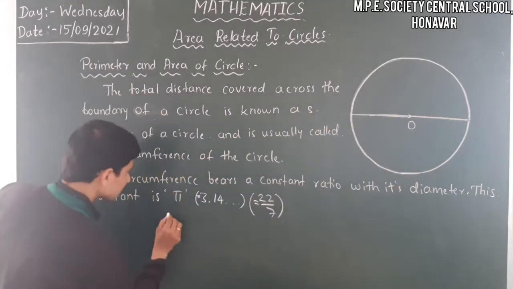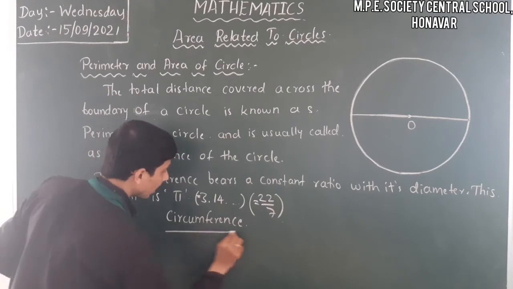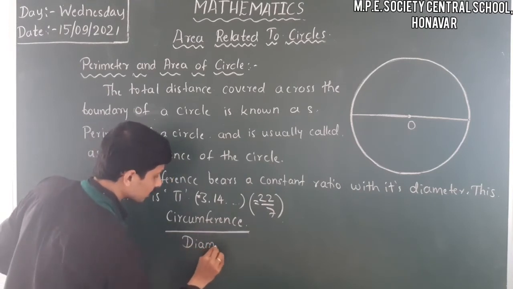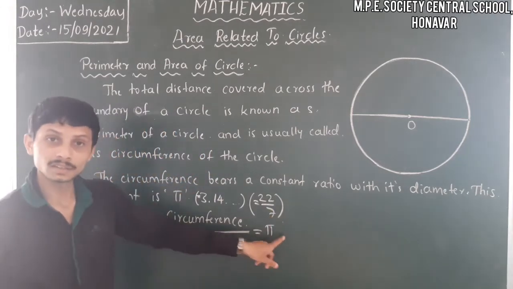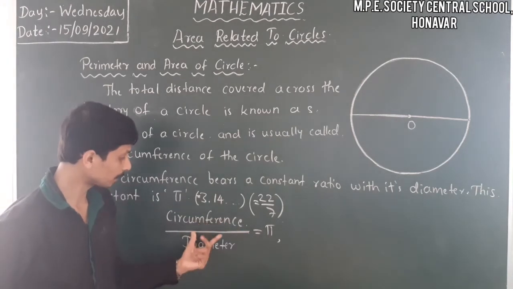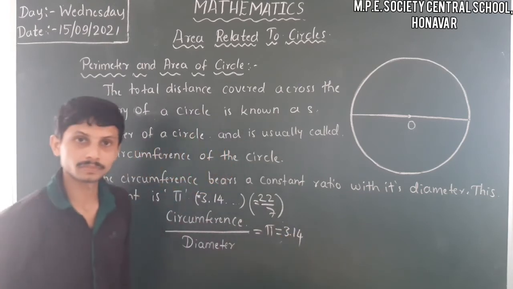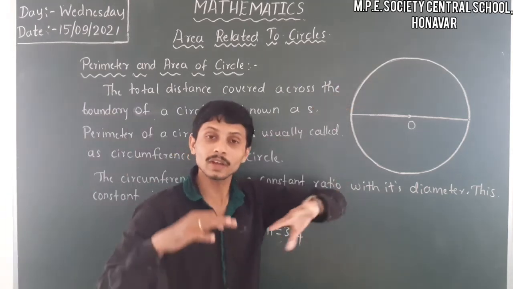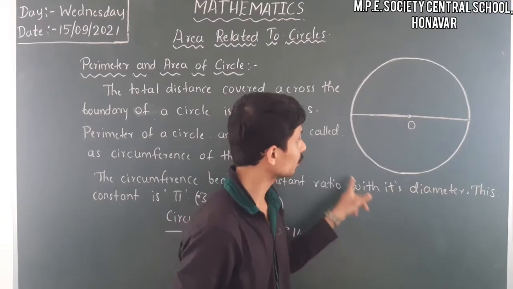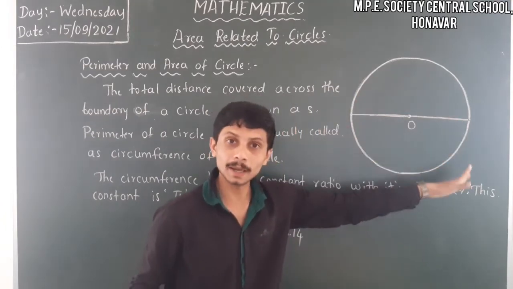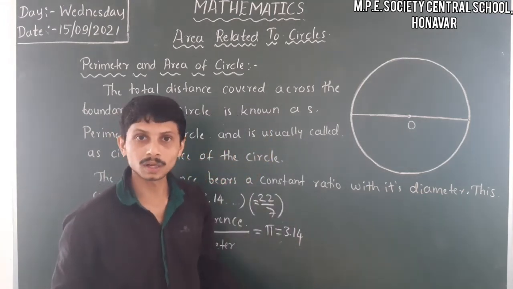Circumference divided by diameter is equal to pi, which is 3.14. You can take any circle, first find the circumference and then the diameter. When you divide, definitely you get the value of pi, that is 3.14.